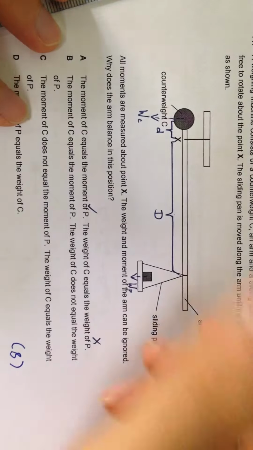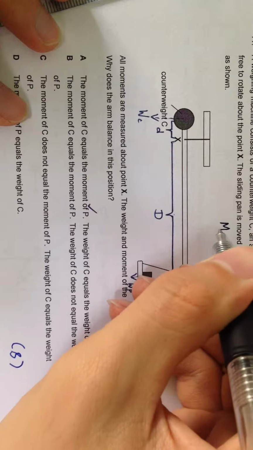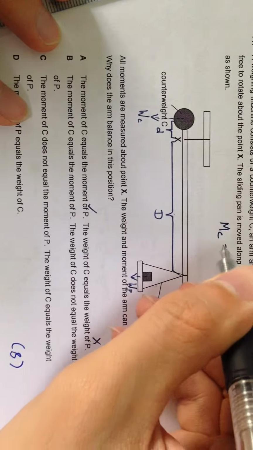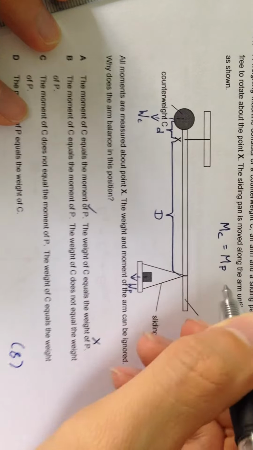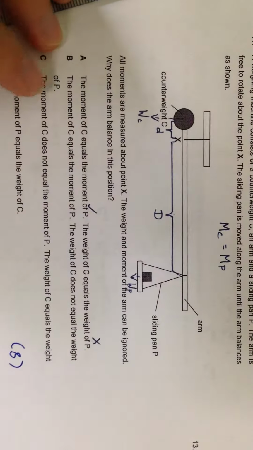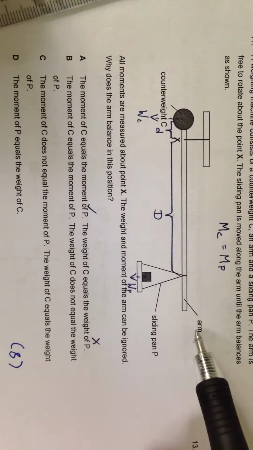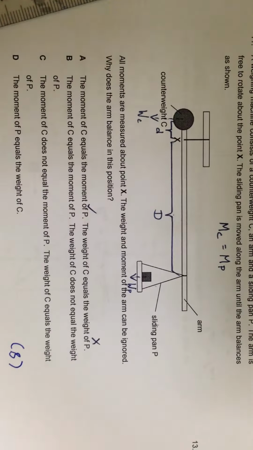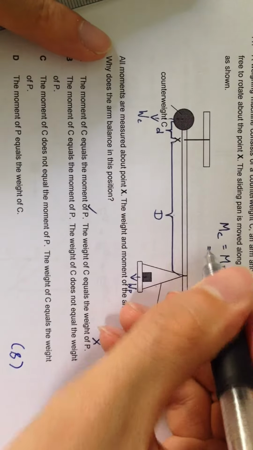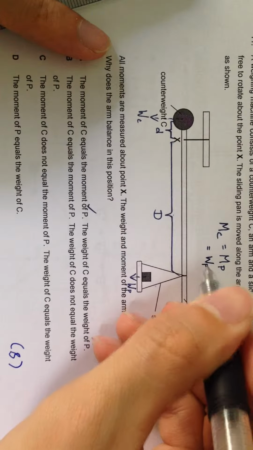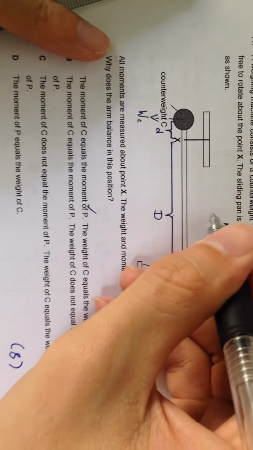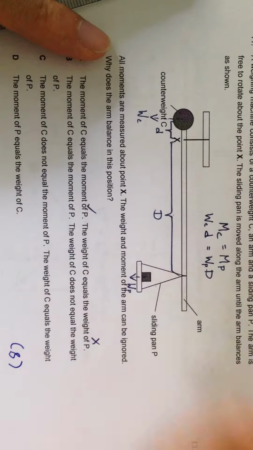So this is big D. You know that the moment of C must equal the moment of P for it to be balanced. What we are assuming here is that the arm has no mass, insignificant mass. So down here, you will have WP times D. Down here you have WC times small d.